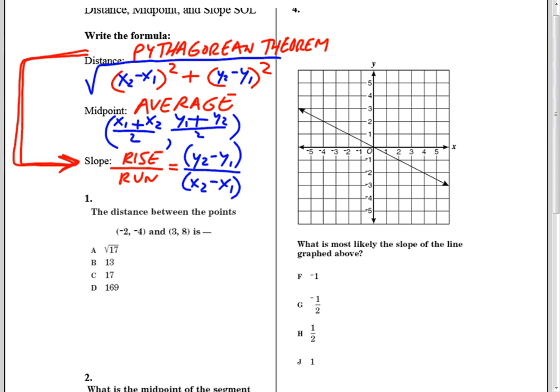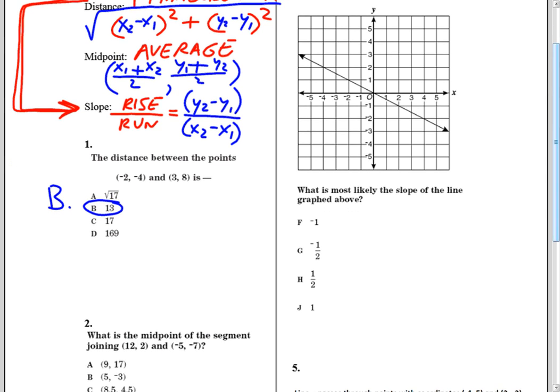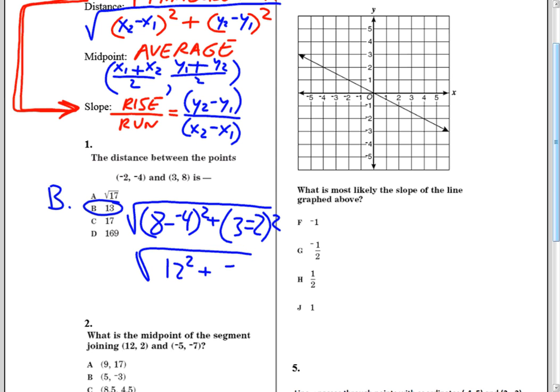Did everybody have 13 for number one? Mistakes we're seeing. Everybody's doing the right work. Things are going great.